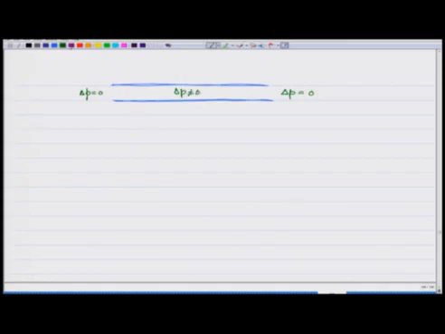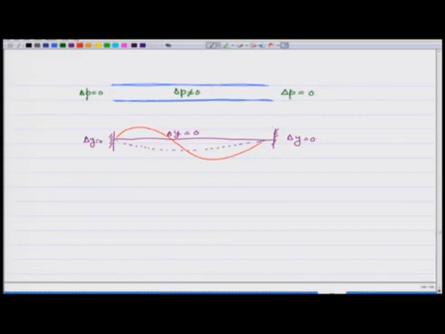This is exactly the same situation as that of a string. Remember, in a string, the displacement delta y at the ends was 0, and in the middle delta y was not 0. So, the string could vibrate in different modes and so on.